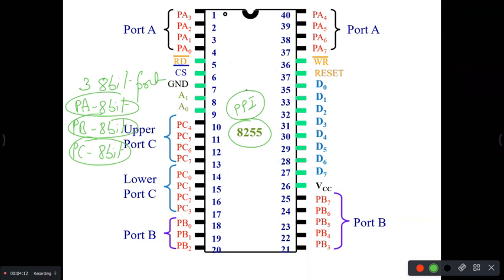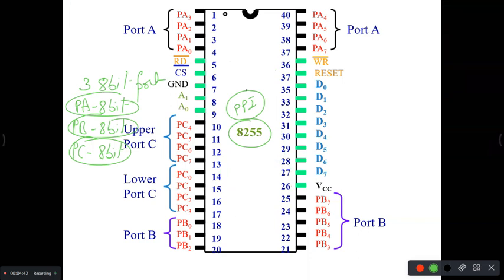Fine. So as I told you, 8255 has 3 ports and each port is 8-bit. That means 8-bit data can be given out to the IO devices, or you can take 8-bit data from the IO devices. We'll see the characteristics of each port, but the main thing is that 8255 has 3 ports.